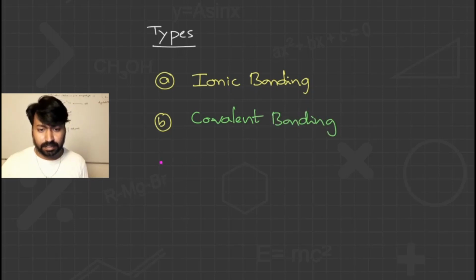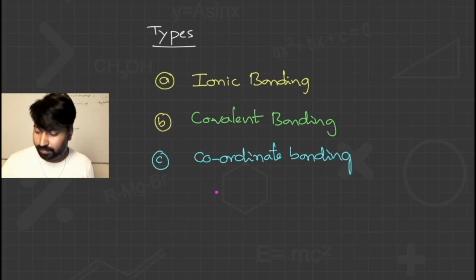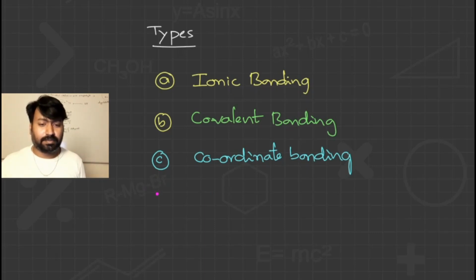The third one is coordinate bonding, and sometimes it is called coordinate covalent bonding also. The fourth one is called metallic bonding.